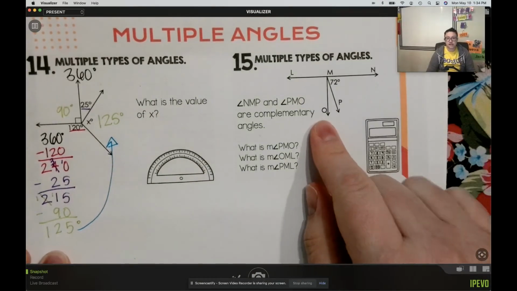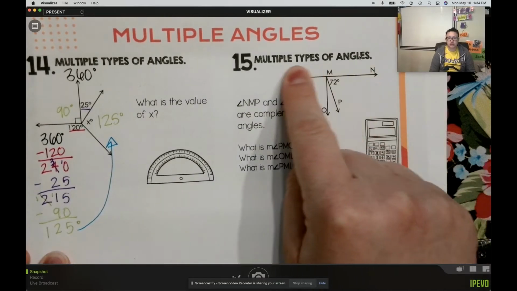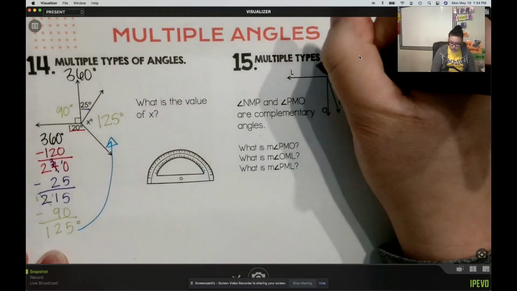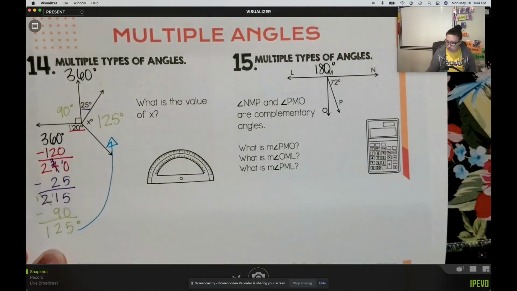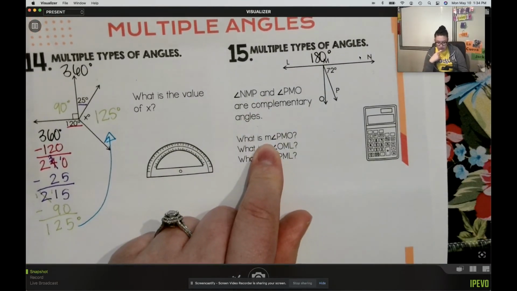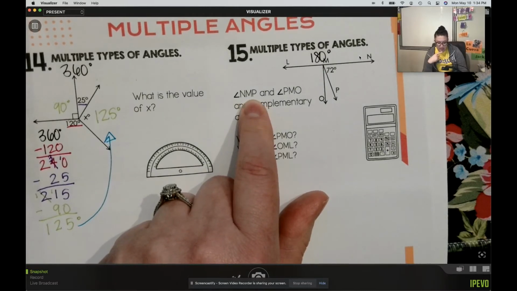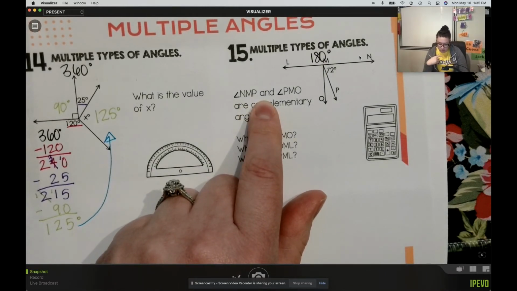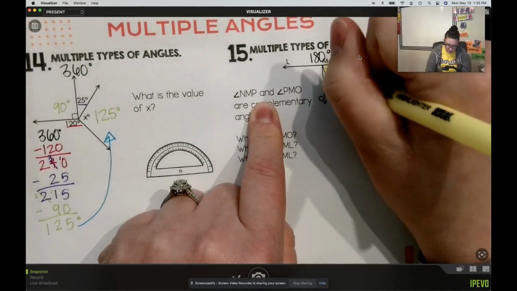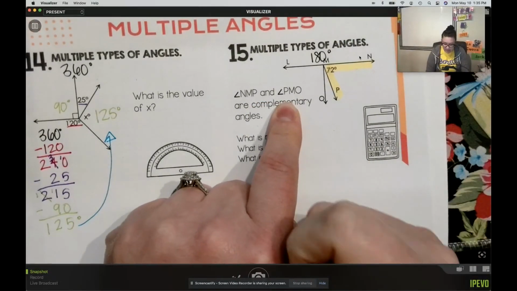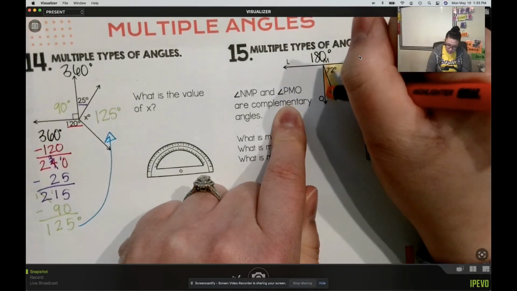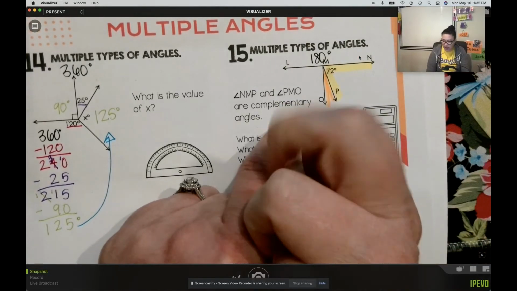Now this section over on this side, I see all my angles make a straight line. A straight line is how many degrees? 180 degrees. So now we've got some information here, so let's read through this. NMP and PMO are complementary angles.